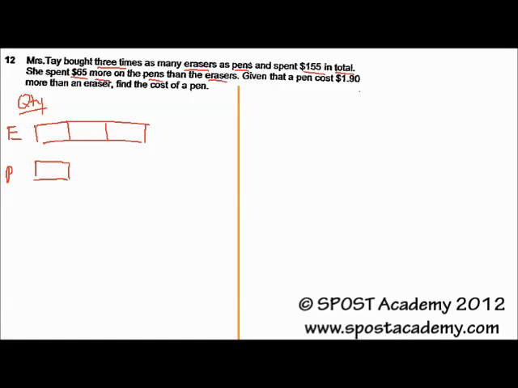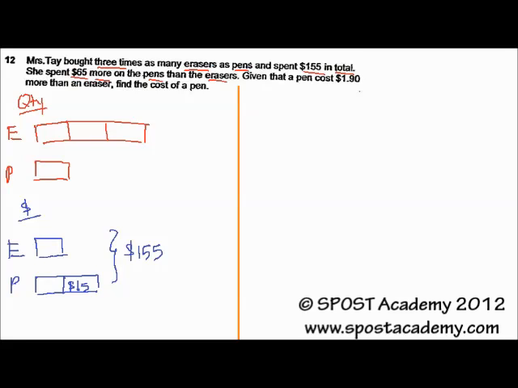So in terms of money, she's spending on the erasers only this much, while on pens it is actually $65 more. And the total amount spent would be $155.